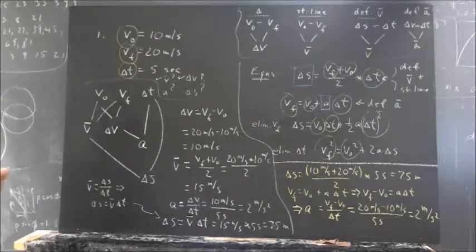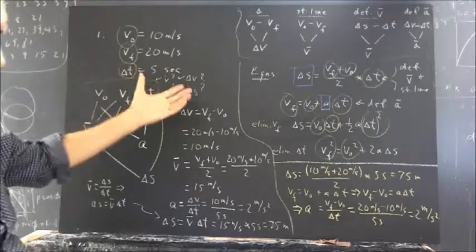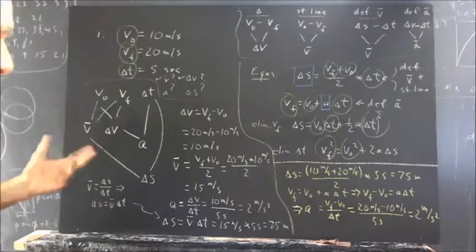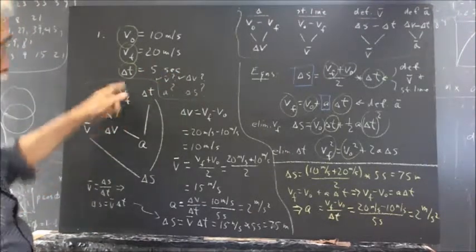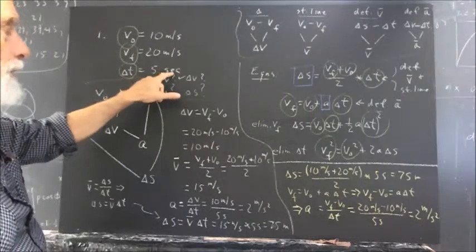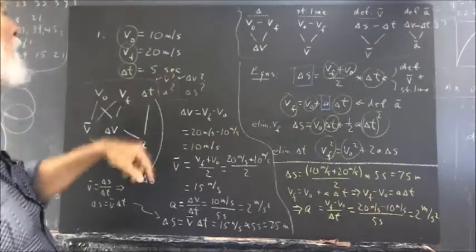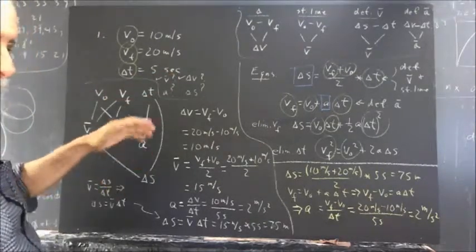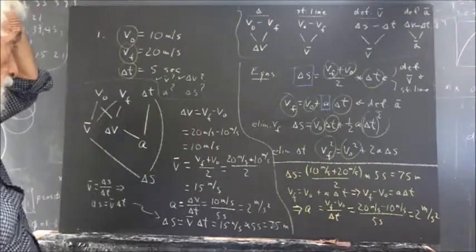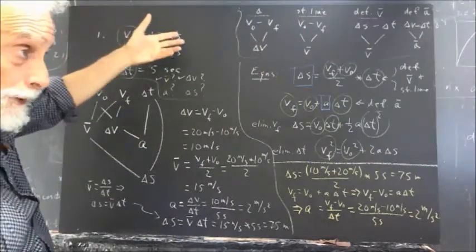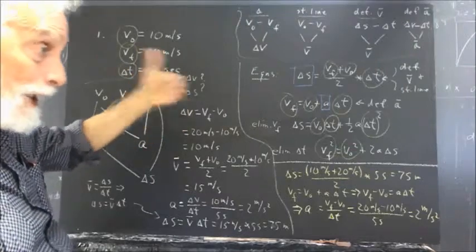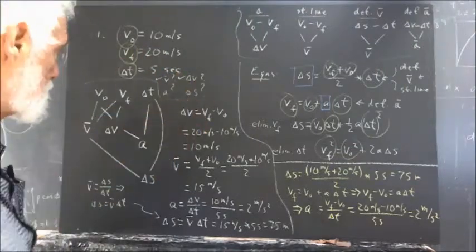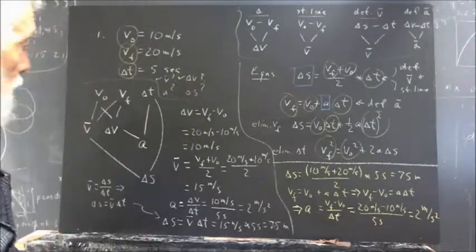The one thing I'll say is that some people are mixing up delta T and delta S. Common sense tells you that this can't be delta S because you don't measure a displacement in seconds, and you would not say that 14 meters is a delta T. It's not a time interval, it's a displacement, a distance interval if you wish.